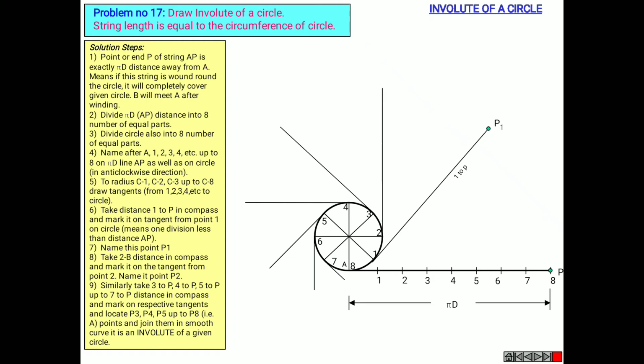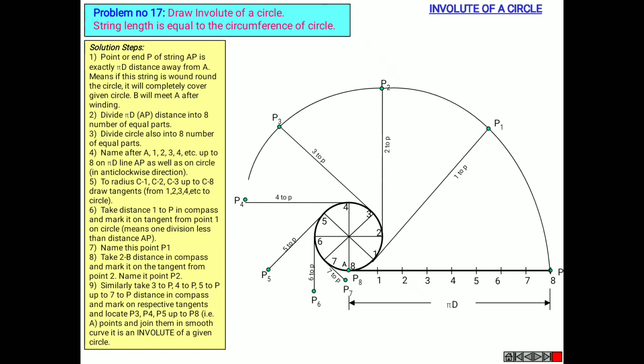Similarly from 2 to P, measure 2 to P in your compass and mark the point on your tangent. Similarly 3 to P, 4 to P and so on up to 8. Now you have obtained all the 8 points. So join all these points smoothly in order to obtain your required involute.